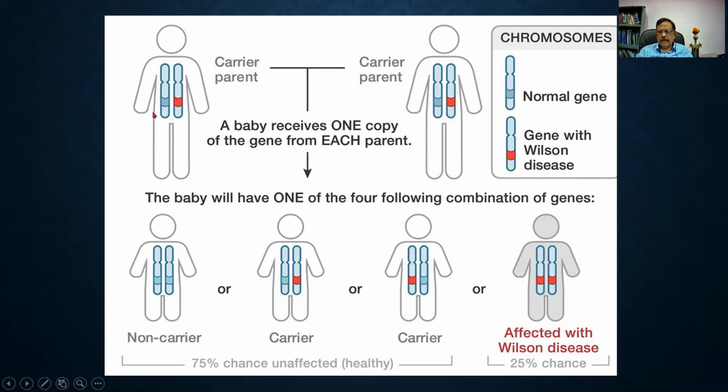If it is the other way around, defect from the father but normal from the mother, it is still a carrier. But if there is a defective chromosome from the father and the mother as well, there is full-blown Wilson's disease, and a 25% chance of a child developing it.